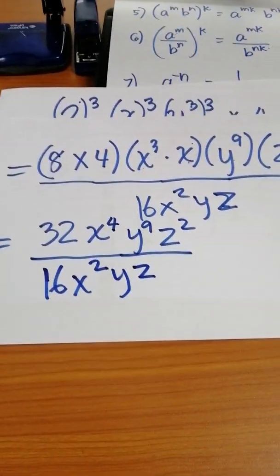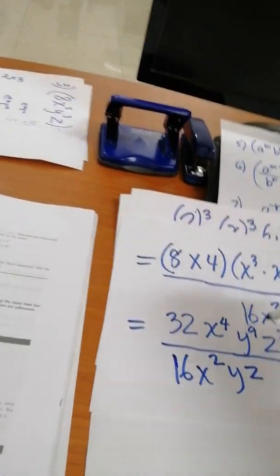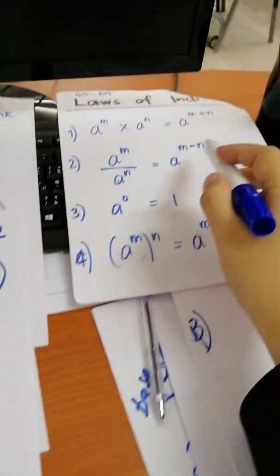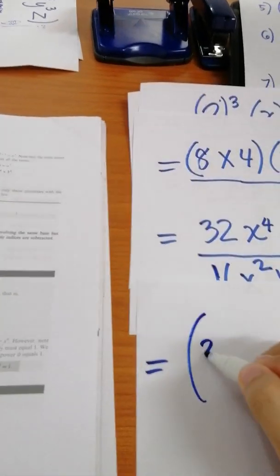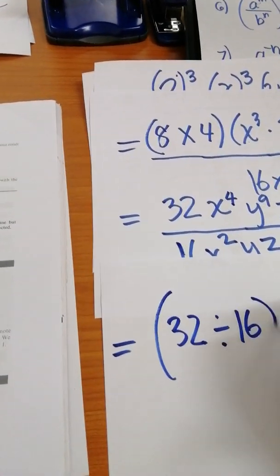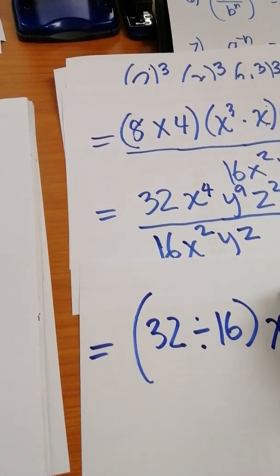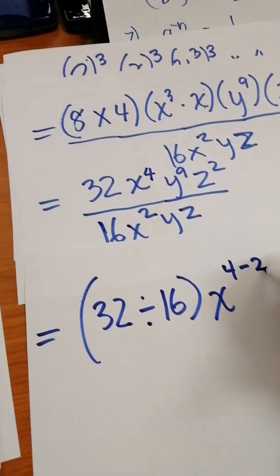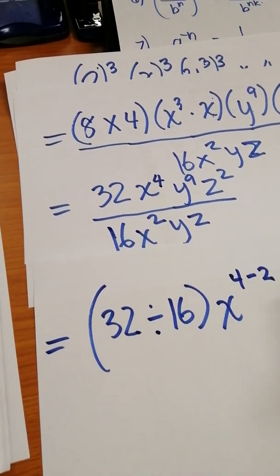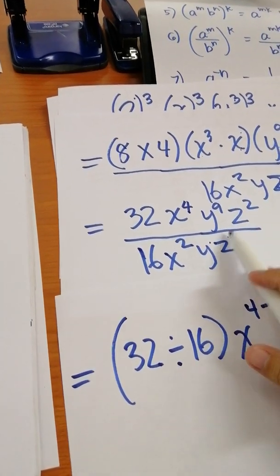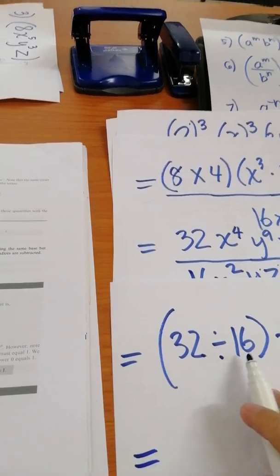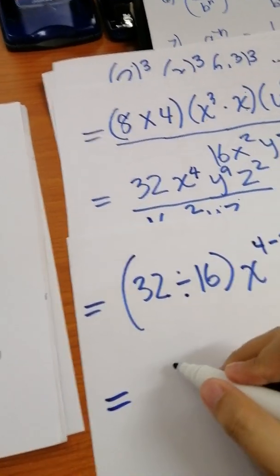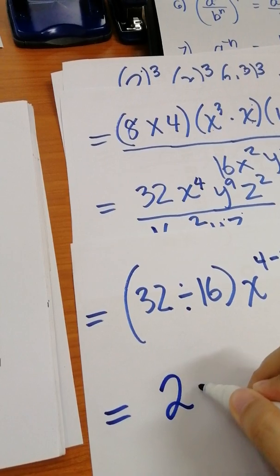Okay, continue. So we have here division. Again, if it's division of the same base, you subtract the powers. But for numbers, we just divide them. 32 divided by 16 will be 2.